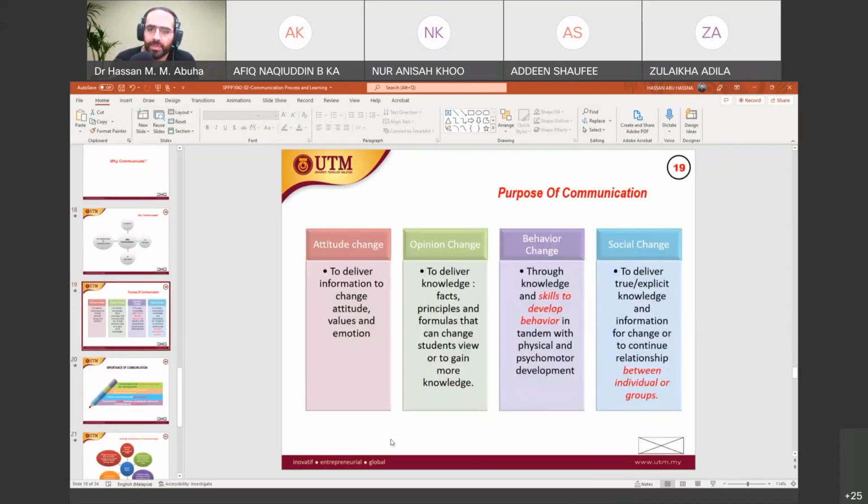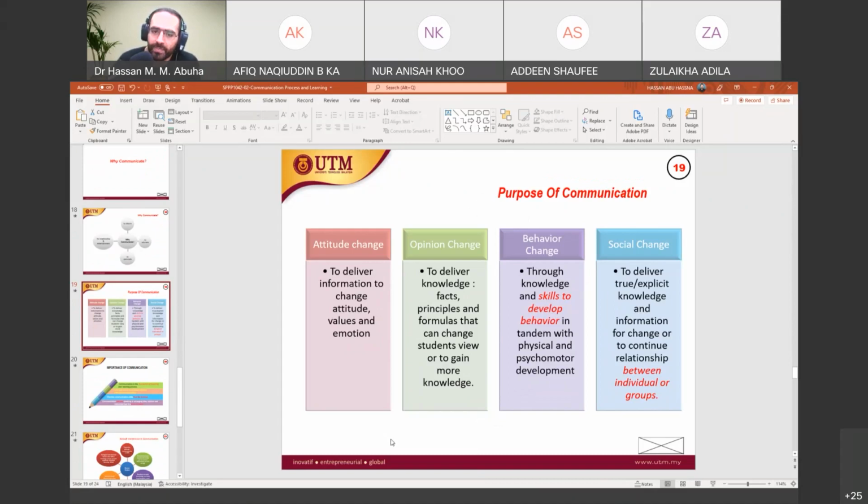Now, the purpose of communication is to change the attitude, as I mentioned in the example where we could change the attitude of any student who is doing something wrong. Opinion change, to deliver knowledge, facts, principles.